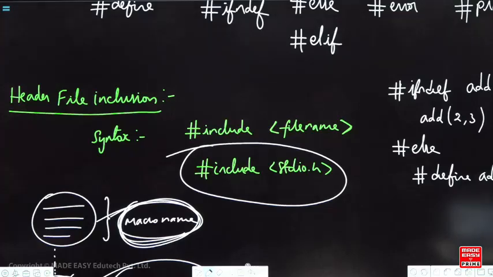Preprocessor removes all the hash include directives by including the files, called file inclusion.